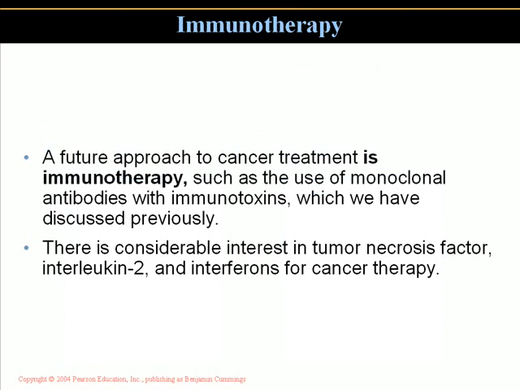A future approach to cancer treatment is immunotherapy, such as the use of monoclonal antibodies with immunotoxins, and we've discussed this previously. There's considerable interest in tumor necrosis factor, interleukin-2, and interferons for establishing cancer therapy.